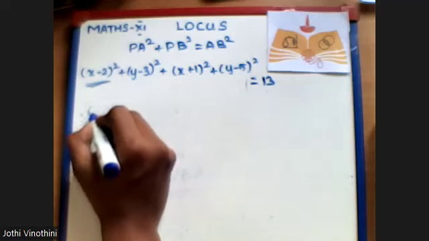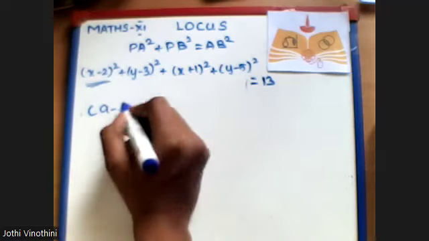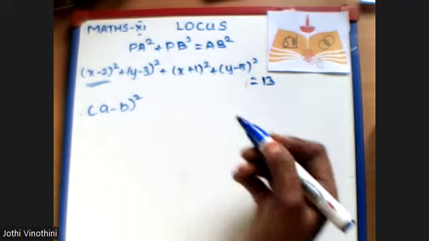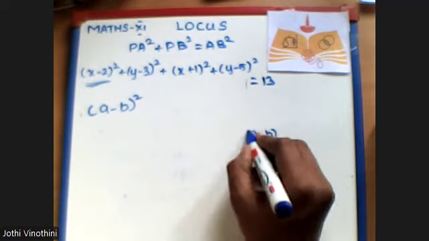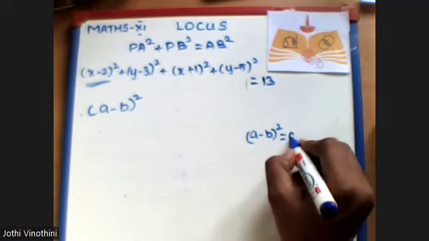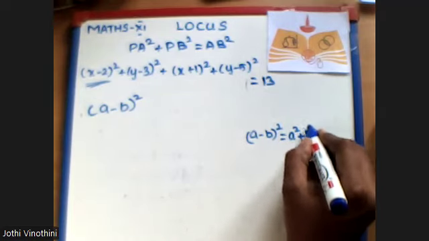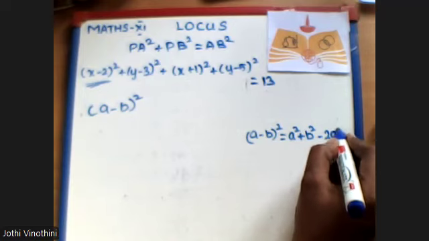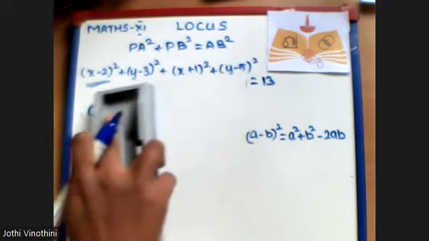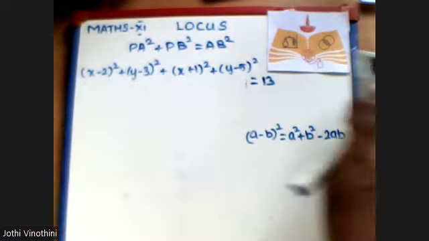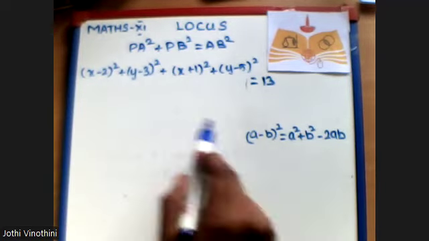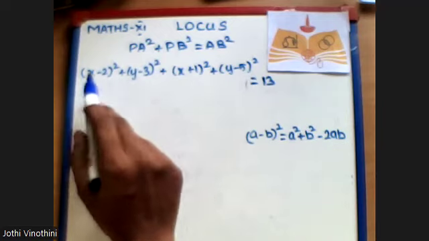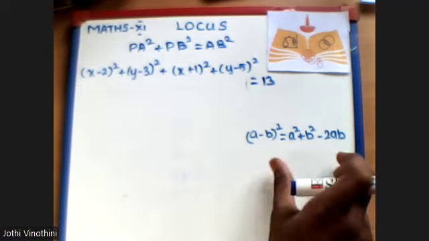Yes. This term looks like a minus b the whole squared. I will write this here. A minus b the whole squared, which is equals a squared plus b squared minus 2ab, right? Okay. In terms of a, we have x. In terms of b, we have 2. Shall we substitute this in this formula?